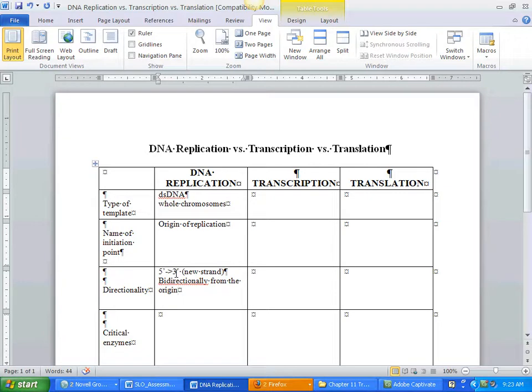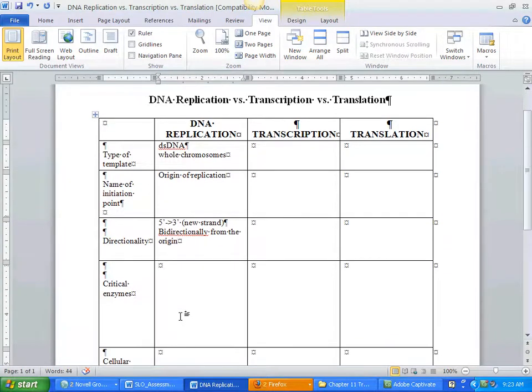That would be another concept of directionality, because you have two replication forks, one from each replication bubble. You have one fork that moves to the right, and one fork that moves to the left, and so that's bidirectional replication.